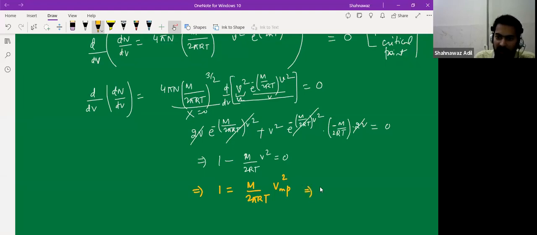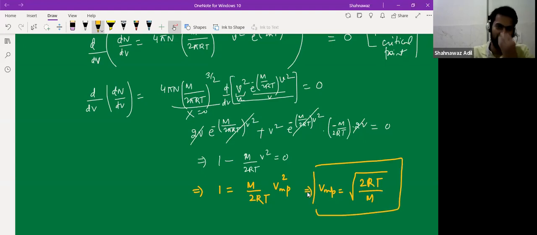So Vmp will be root over 2 rt by m. So this is the most probable velocity for the Maxwell distribution.